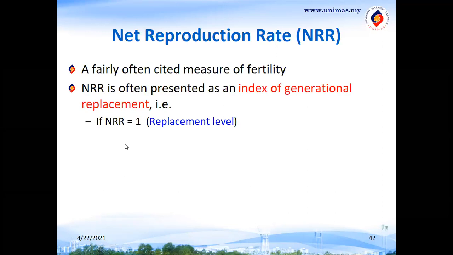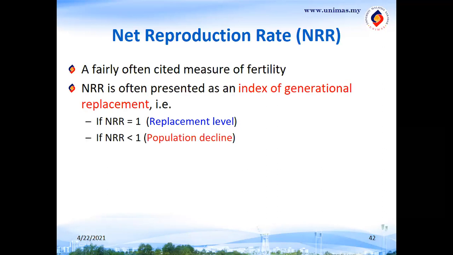So maksudnya kalau nilai NRR adalah sama satu, equals 1, maknanya there is a replacement. In other words, you have one daughter, yeah, then there is a replacement level.